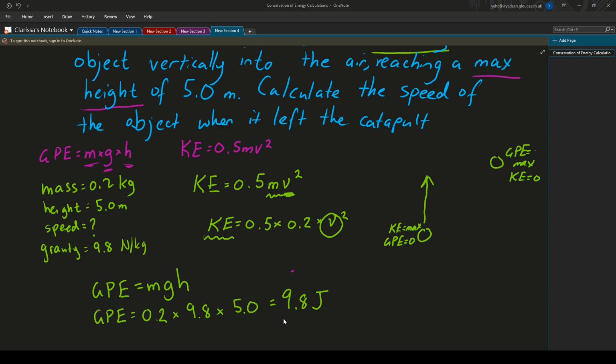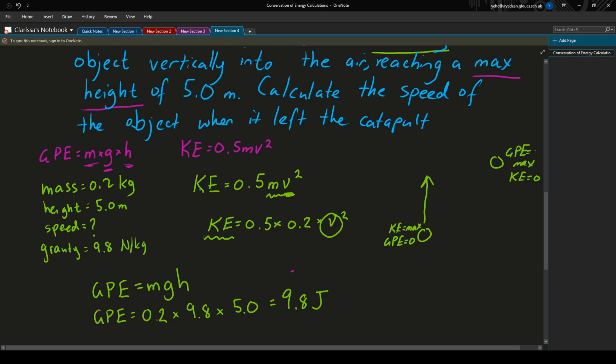Remember, there's a calculator on most computers if you're on a computer. I just want you guys to be able to follow along with the calculation as I do it. Okay, 0.2 times 9.8 times 5. Yeah, that should be correct.